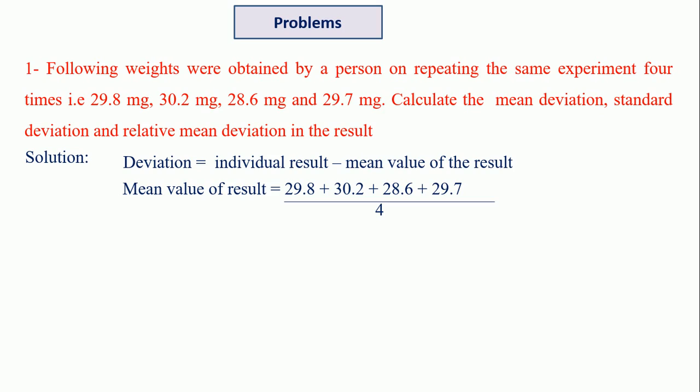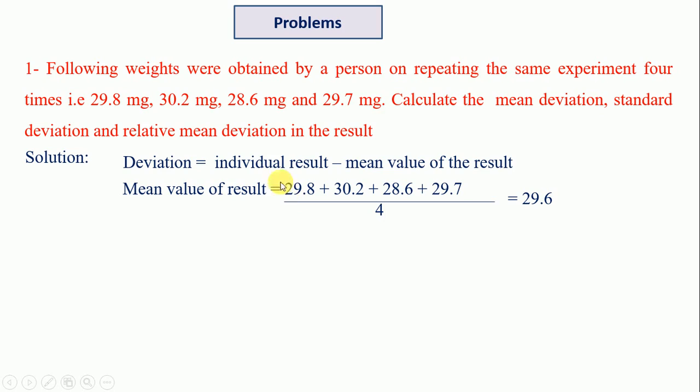Mean value is equal to 29.8, 30.2, 28.6, 29.7, and these are the 4 terms, therefore divided by 4, and the answer is 29.6. So this is the mean value of the result.